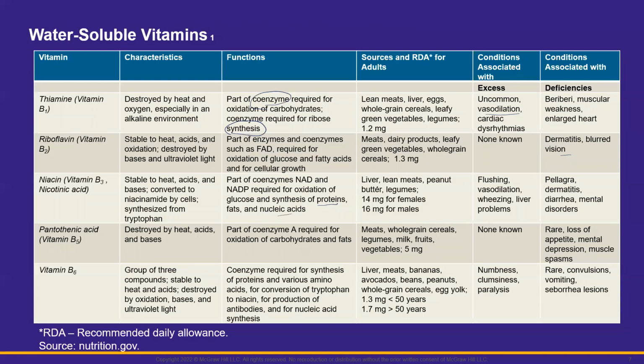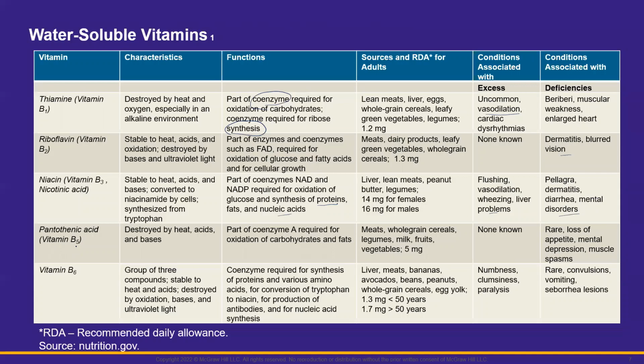Sources: usually a lot in liver, lean meat, peanut butter, legumes, 14 milligram for females and 16 milligram for males per day. Excess of vitamin B3 can cause flushing, vasodilation, wheezing, liver problems. Deficiency can cause pellagra, dermatitis, diarrhea, mental disorder.